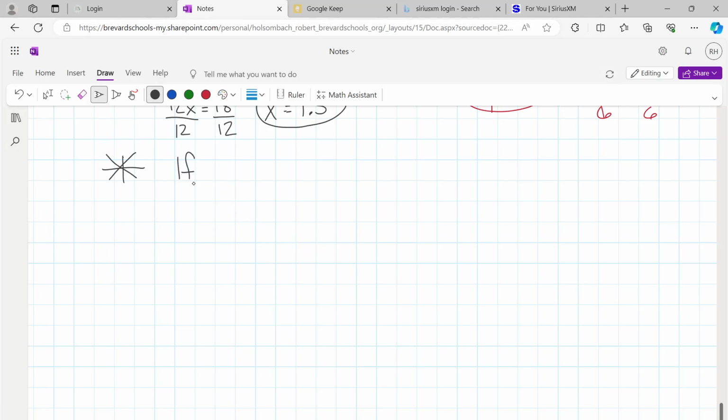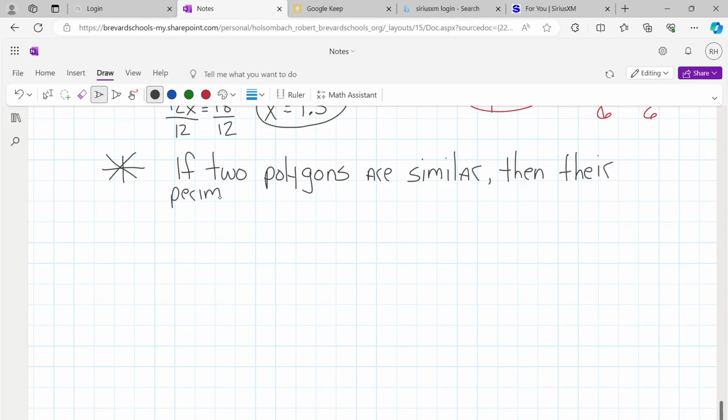And it states that if two polygons are similar, then their perimeters are proportional to the scale factor between them.